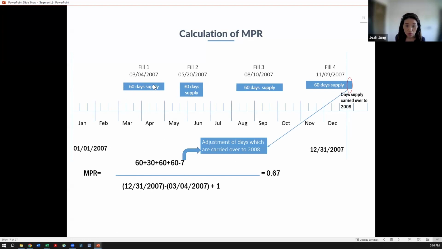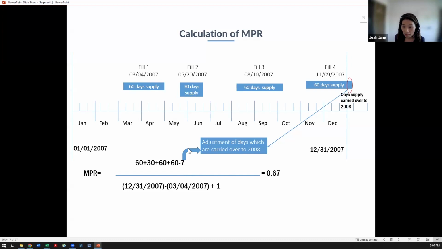In the numerator you sum up all the days of supply: 60, 30, 60, 60. But from the last fill, some portion was carried over to 2008, so I wanted to subtract this portion. That is the adjustment for days moved to 2008, and that is the MPR measure for this beneficiary.